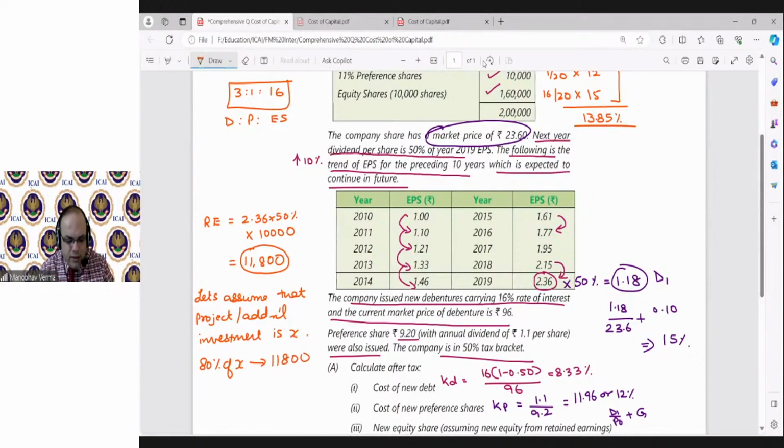Are you getting me, guys? Hence, we are looking at X is equal to 11,800 divided by 80%.